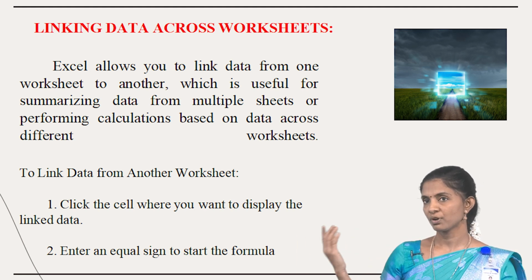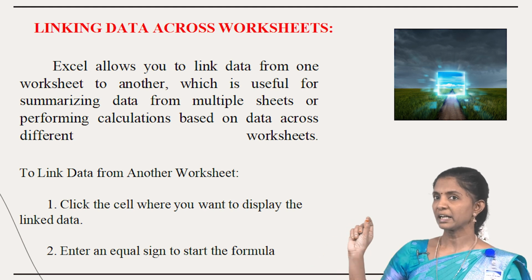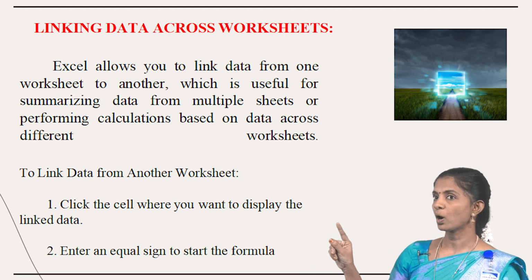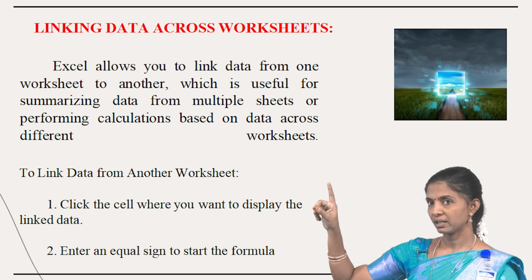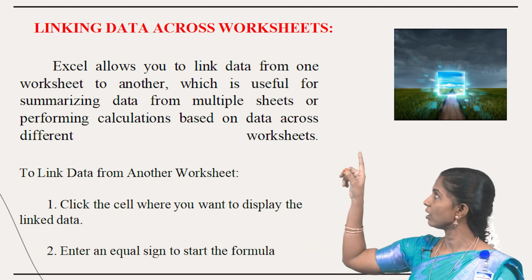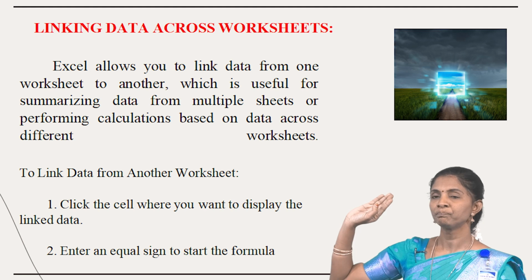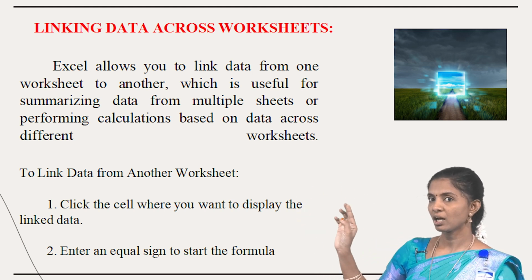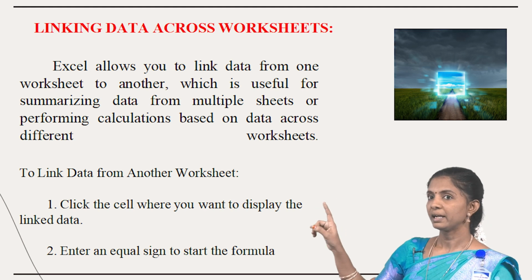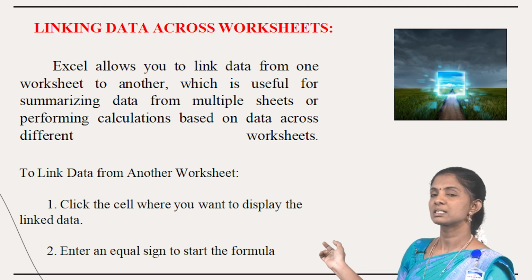To link data from another worksheet, first click the cell where you want to display the linked data. Next, enter an equal sign to start the formula. Navigate to the sheet that contains the data you want to link and click the desired cell.